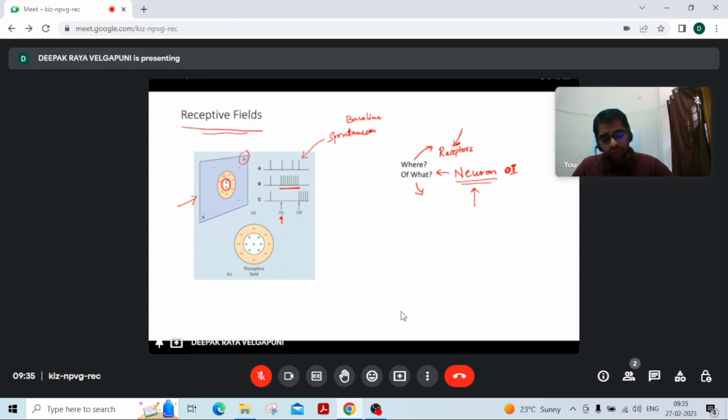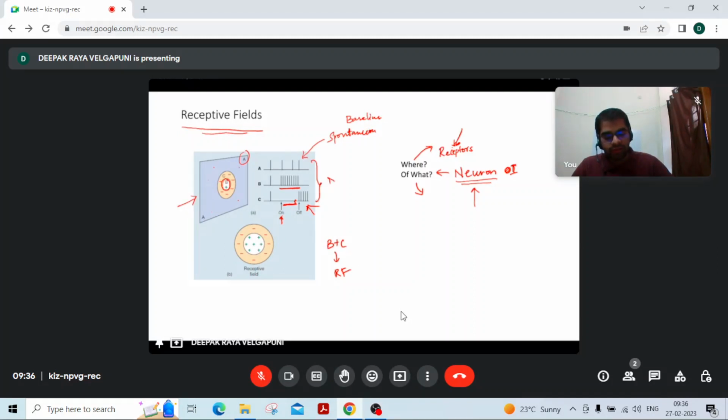And when you throw a light onto area C, you see there is no firing, it is zero, even the baseline is not there, and then once you turn it off, the firing starts. So this area, area B plus C, forms the receptive field of the particular neuron for which you are measuring the signals.